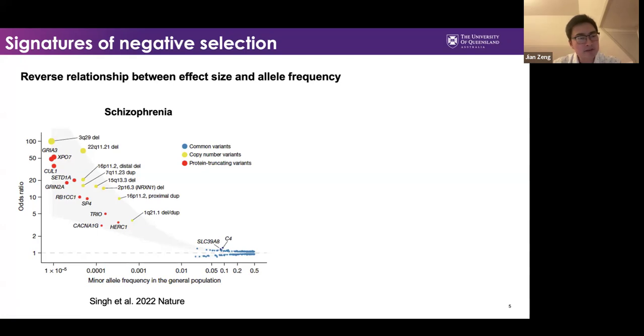However, by the experimental design of GWAS, the power for detecting rare variants is quite limited. So only the large effects can be detected. That presents a challenge of ascertainment bias.